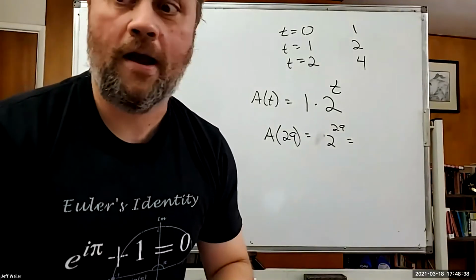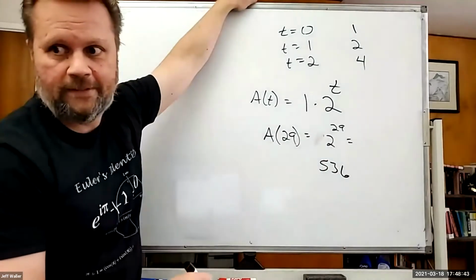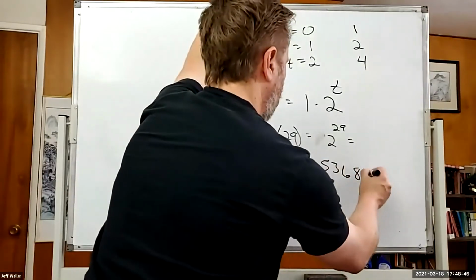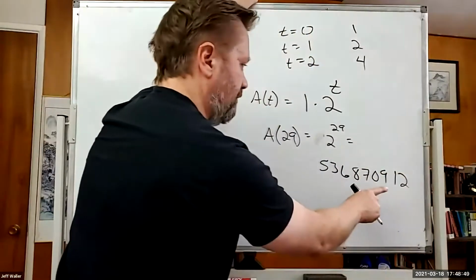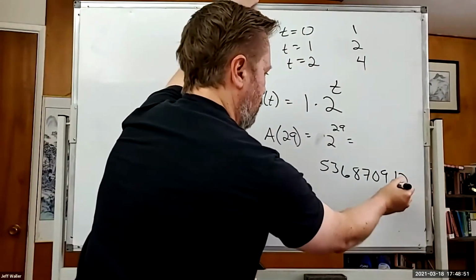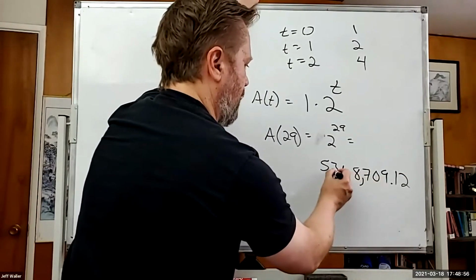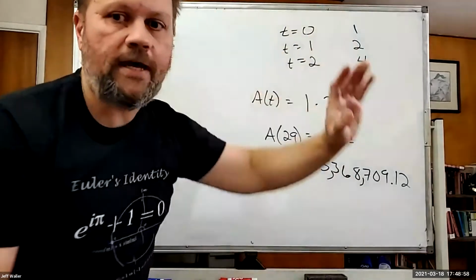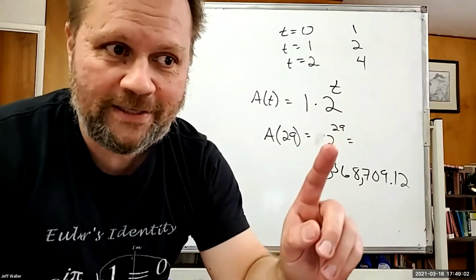A really big number. Yeah, so let me write it down: 536,870,912. That's cents. So to make it dollars, I just do this. We're talking about 5 million. And that's not even all the money you get, because the day before, how many pennies did I give you?